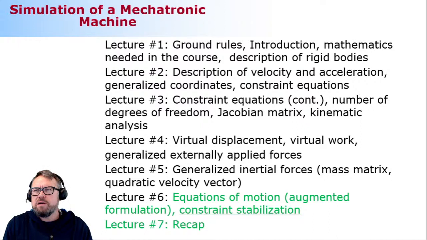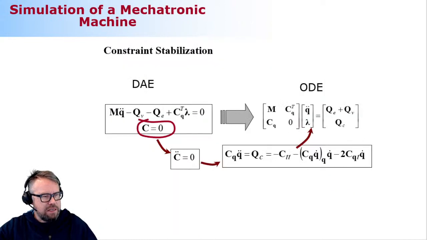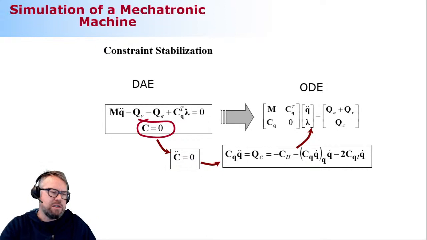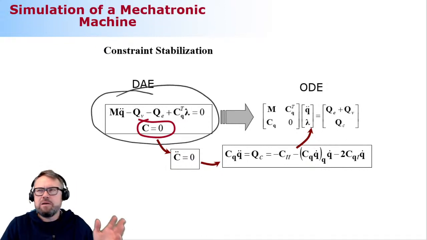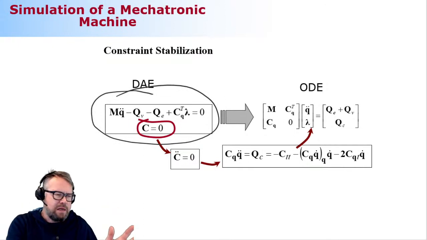It happens because of the way we introduced the equation of motion. We need to go back to the slides, and I need to explain it using this slide here. Remember, this is what we did. We started by having the equation of motion in such a way that there was this differential equation and algebraic equation.